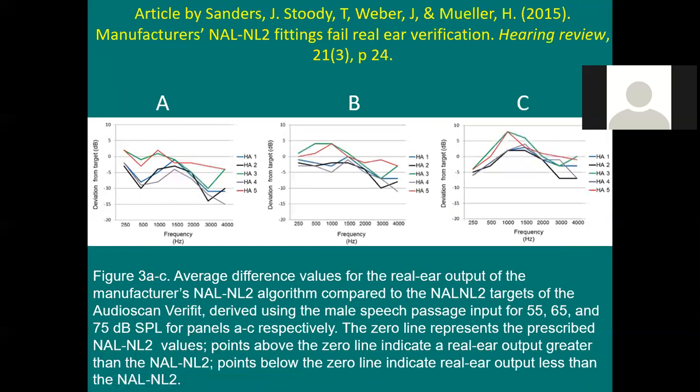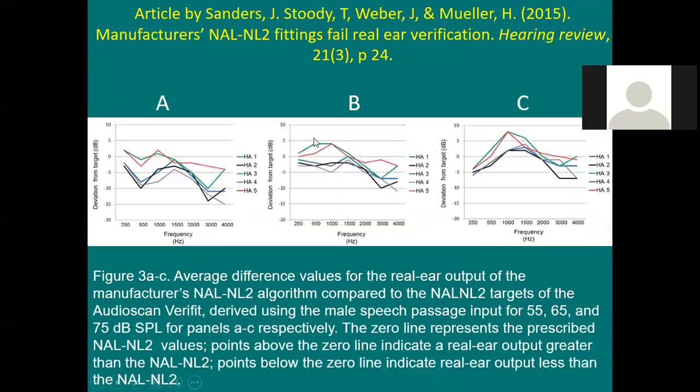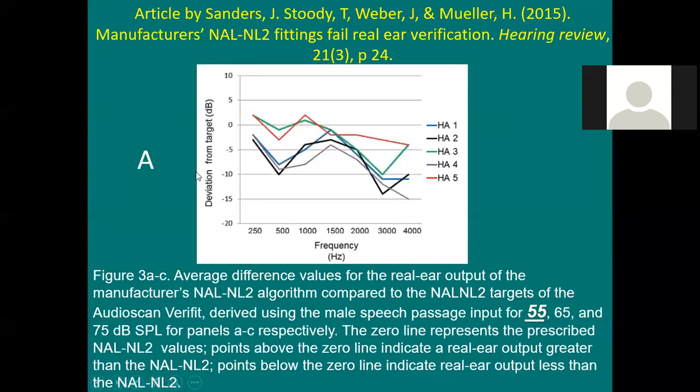Okay, so let's look at A first. Read it again. Here, read the writing again. Average differences for manufacturer's NAL compared to NAL on real ear, derived using, and here I'm calling it 55. I've made it larger there, okay, because that's what this one's talking about. This A is here, so we're looking at it close up. The zero line represents whatever NAL said.